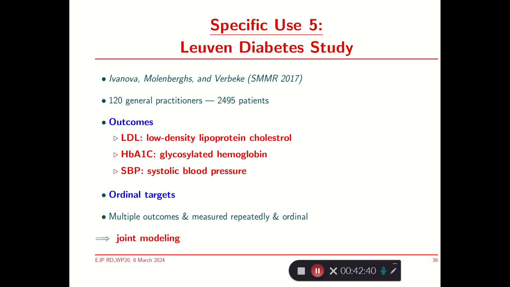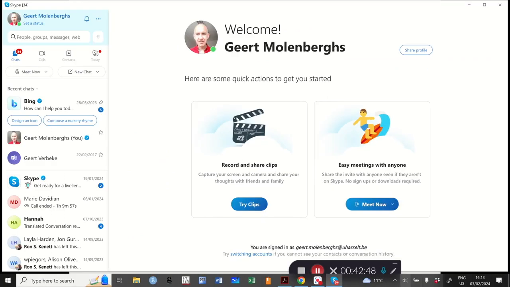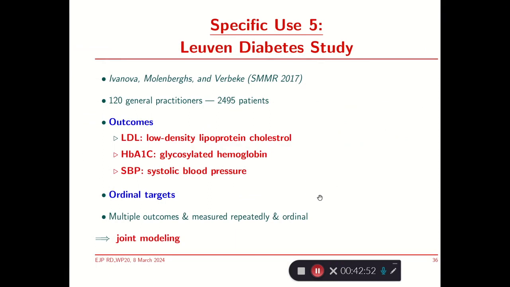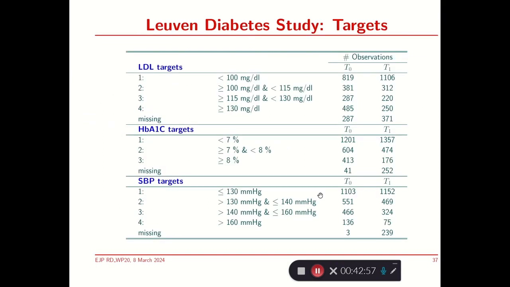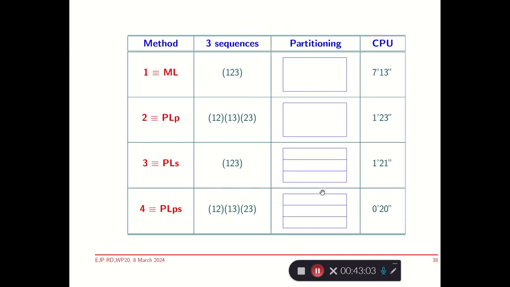And ordinal means it's not continuous, so usually the models become a bit more difficult. And they're measured repeatedly over time. So we have three sequences measured repeatedly over time. All right, so we need to do joint modeling for that. That's a summary of the targets that we have available here with their 4 categories.